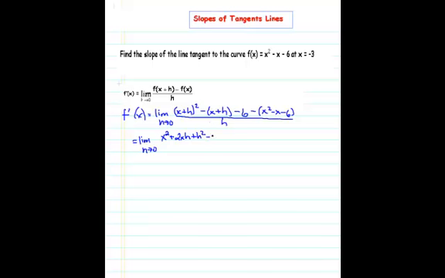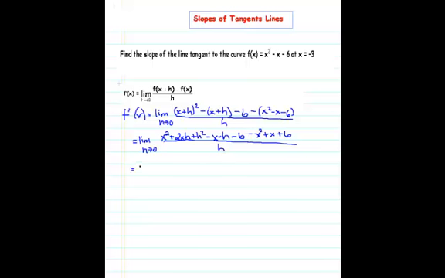Distributing the minus here, we have a minus x, minus h, minus 6, and then distributing the final subtraction would result in a negative x squared plus x plus 6. And again, that whole quantity gets divided by h.